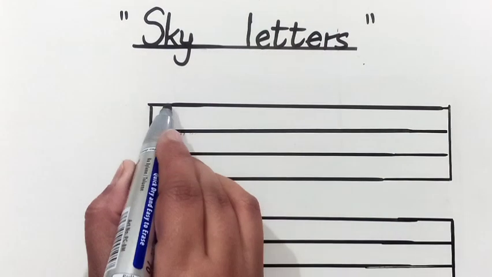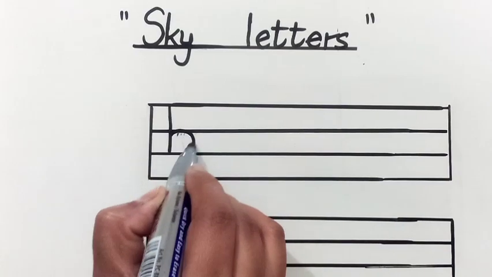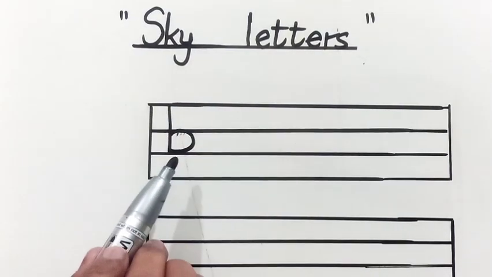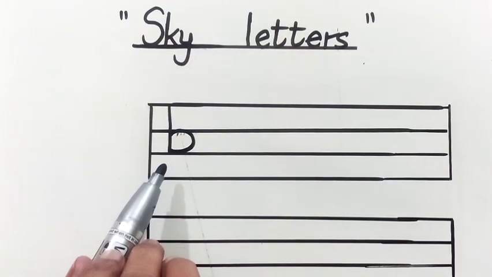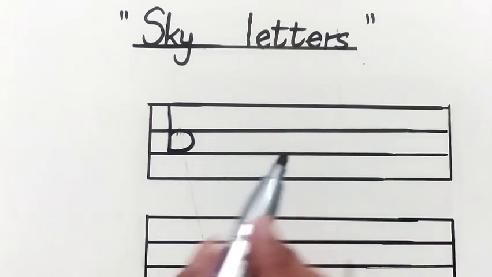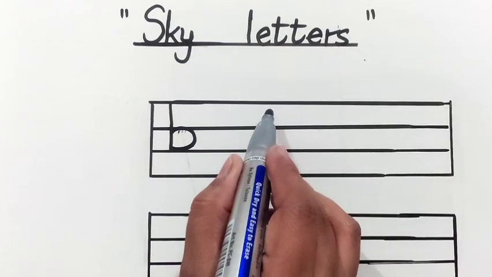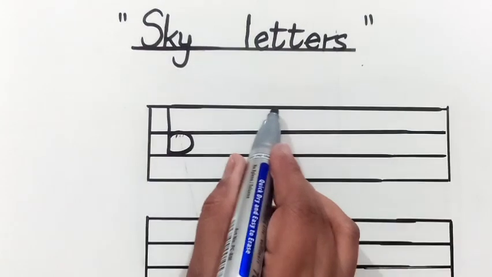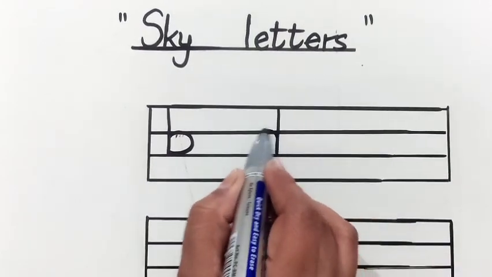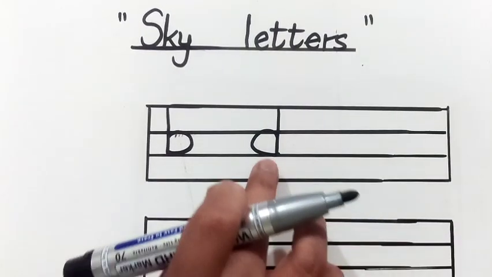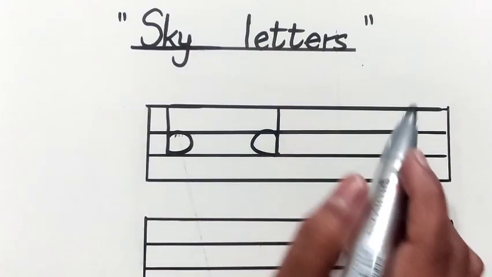First of all, we have B, as it fits in the first three lines, right? Second, we have D, as it also fits in the first three lines.